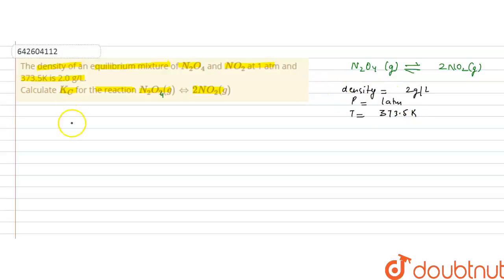Now, if we use the ideal gas equation, that is PV is equal to nRT, where P is the pressure of the gas, V is the volume, n is the number of moles, R is the gas constant, and T is temperature. And number of moles is equal to given weight of the substance divided by its molecular weight.